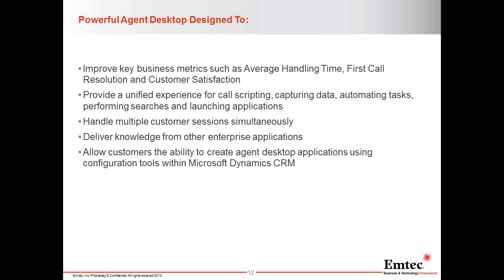Also, surfacing the right forms at the right time for data capture, and automating tasks behind the scenes, such as automatically sending email notifications when a particular case moves from one stage to another. Also allowing quicker searching, both external and internal within the article knowledge base within CRM, and launching applications, which I'll talk about in a little bit.